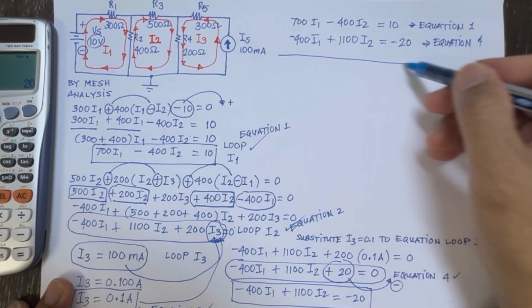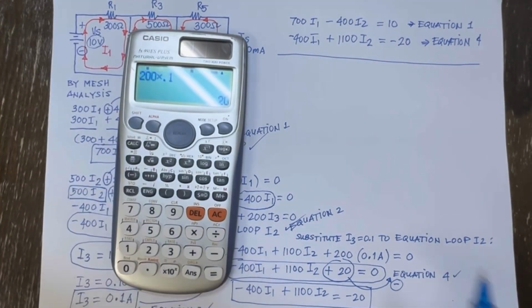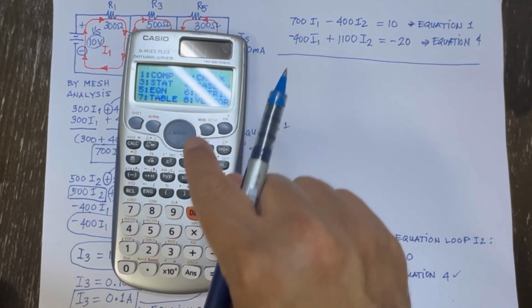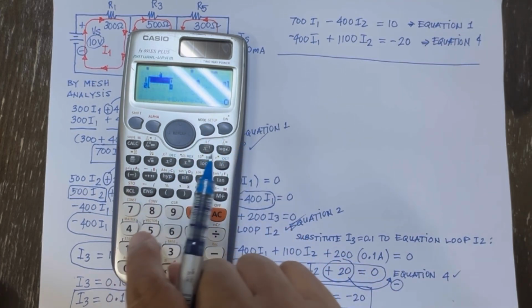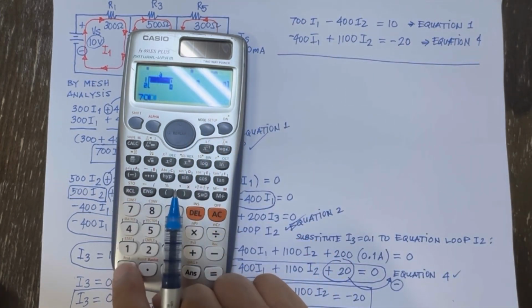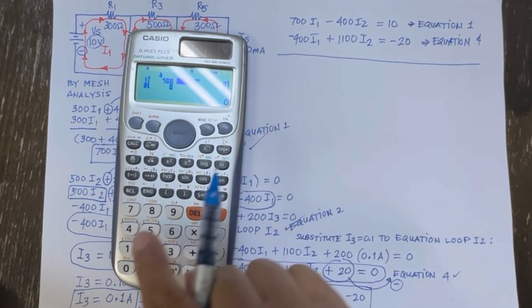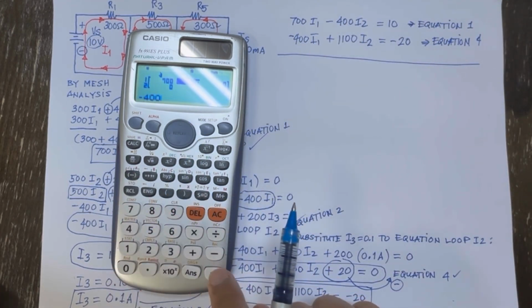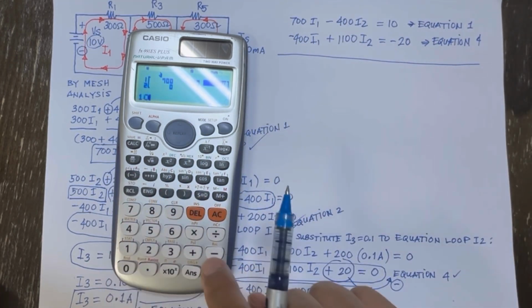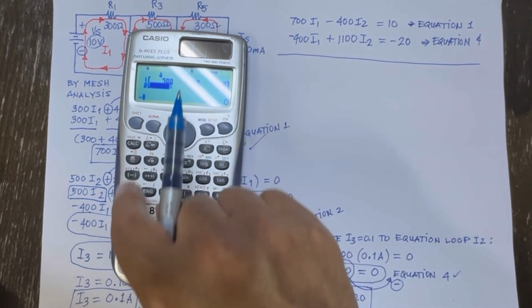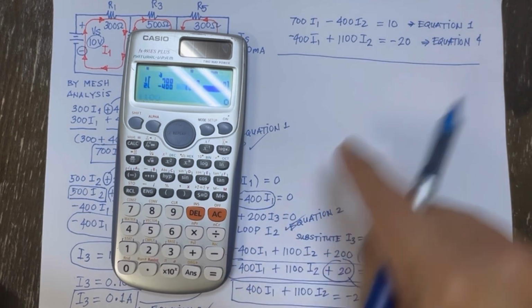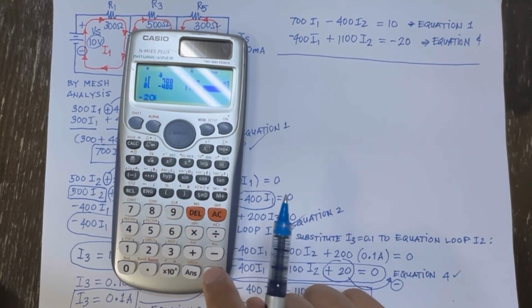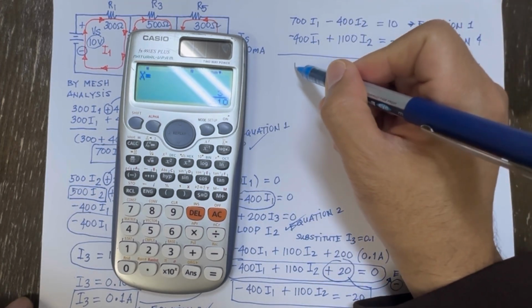And of course, we already know the value of our I3. But anyway, let's use the calculator, scientific, mode 5, 1. And let's enter 700 equals negative 400 equals 10 equals negative 400 equals 1100 equals and minus 20 equals, and you will get the value of x, which is representing I1.